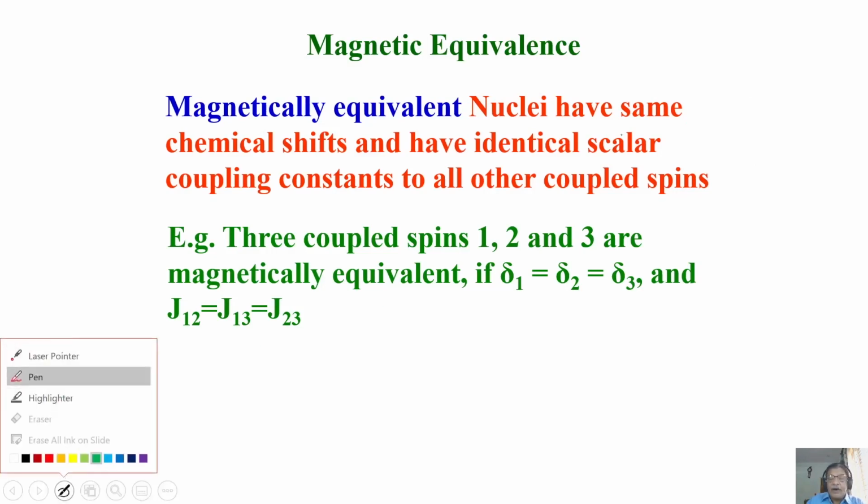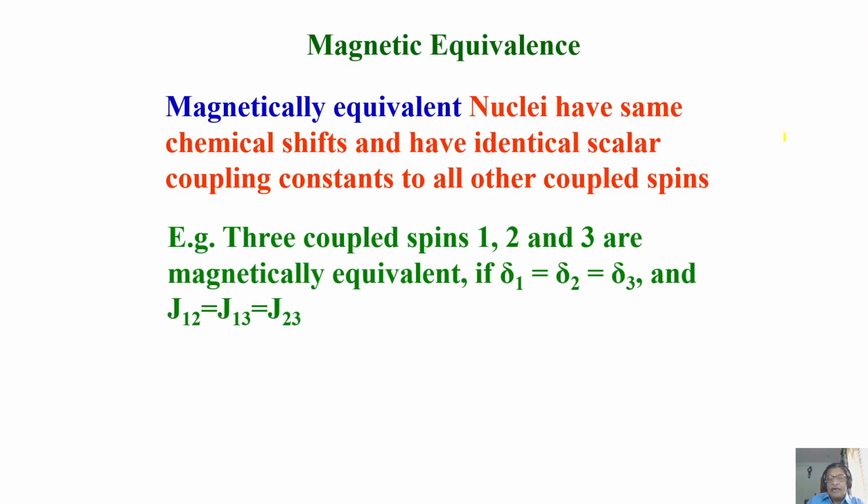I'll take the highlighter. Now you see what happened. Three protons are there. This proton and this proton all have the same chemical shifts. I call them delta 1, delta 2, and delta 3.